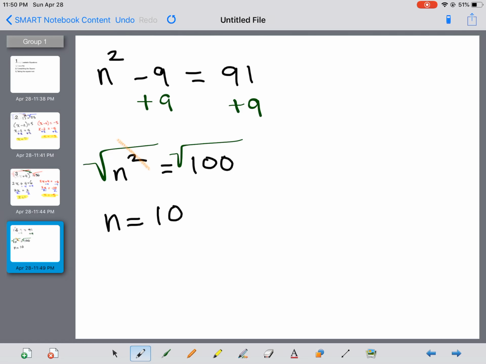And then we also have to remember that when you take the square root of 100, you also get negative 10. So that means our second solution is n equals negative 10. So in this case, when we solve the equation by taking the square root of both sides, we got n equals 10 as our first solution, and n equals negative 10 as our second solution.